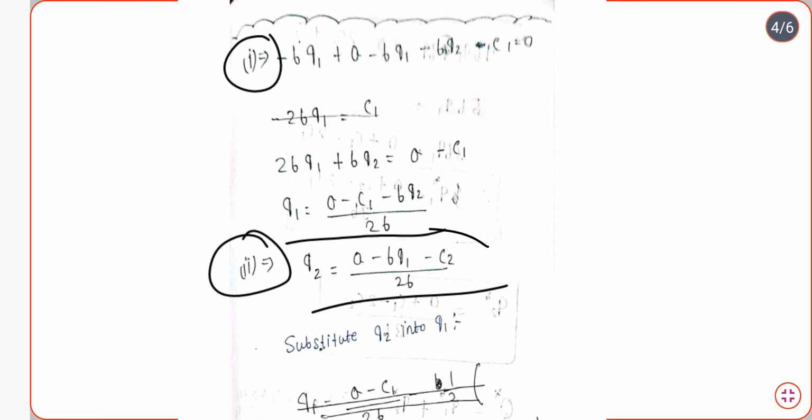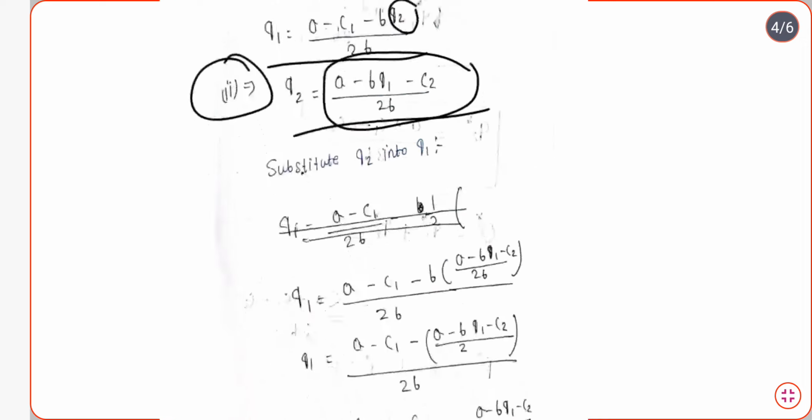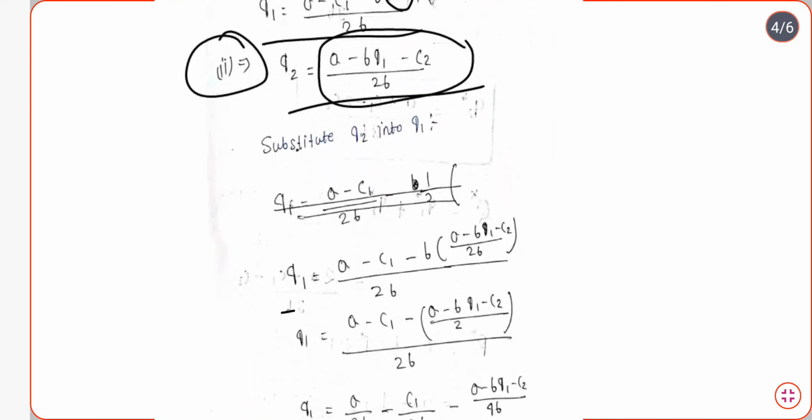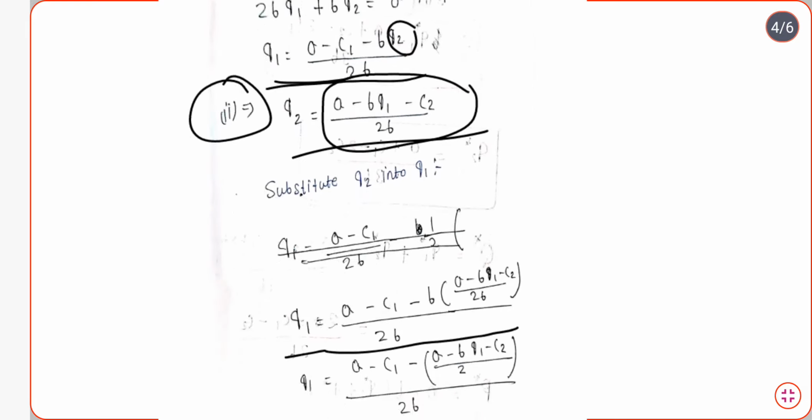If we substitute this value of Q2 into the place of this Q2, which is within the value of Q1, then we are going to face this structure. This is the Q1 that was in this portion. We have just put the value of Q2 here, and we have obtained this form.